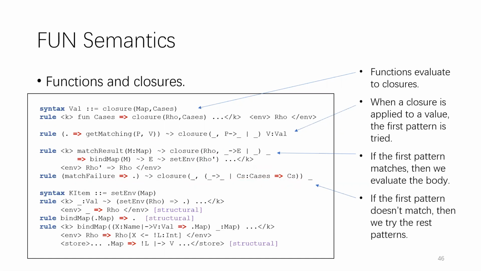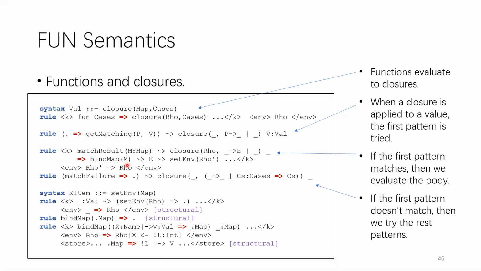So that's pretty much it. We have some auxiliary definitions like get matching and bind map. We'll talk about get matching later. So let's see the bind map here. When we have a successful matching, we'll have a mapping from variables to their values.